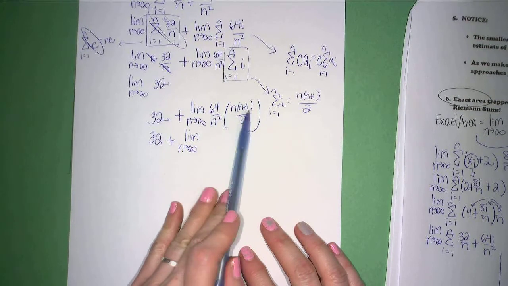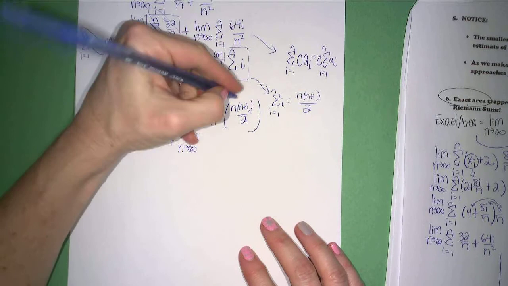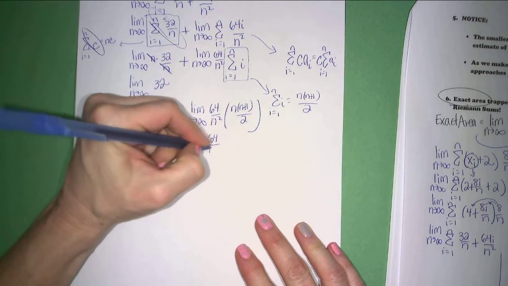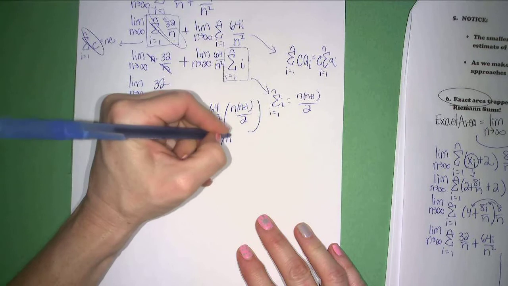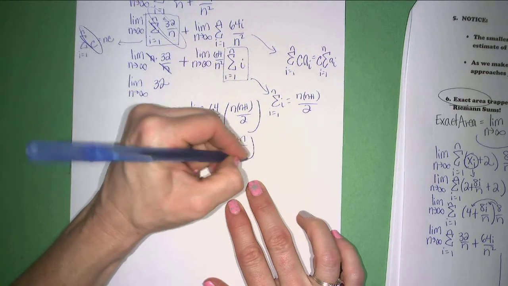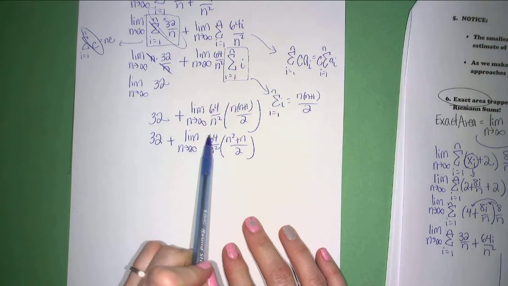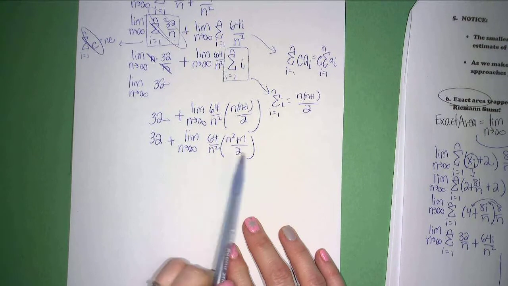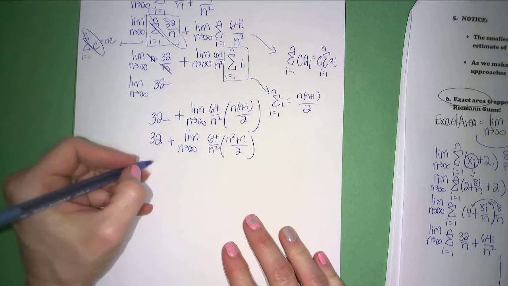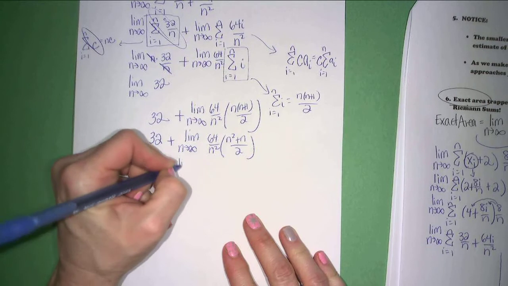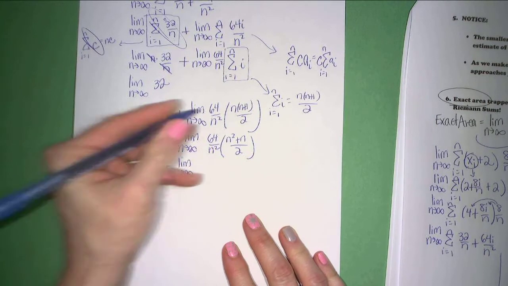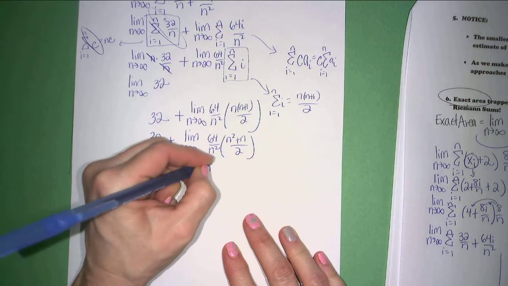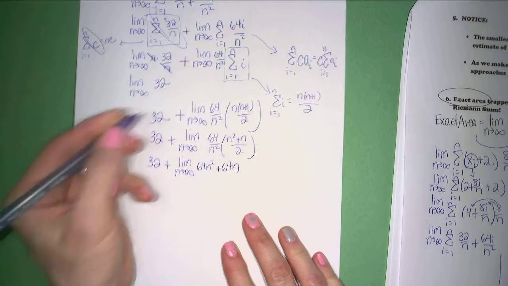And I'll make this 64 over n squared times n squared plus n all over 2. And then I'll multiply 64 through the top, and on the bottom I'll multiply n squared times 2. So my next step, just using algebra, is going to be 64n squared plus 64n all over 2n squared.